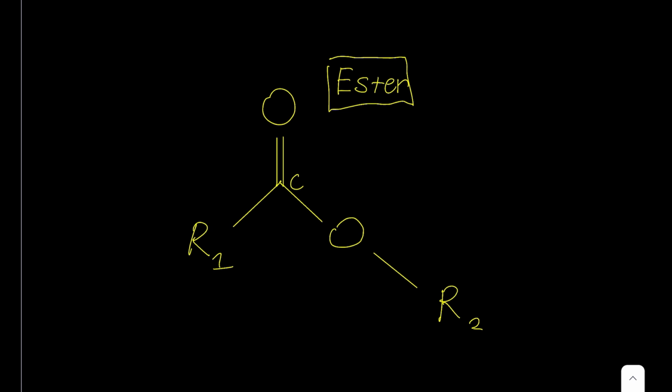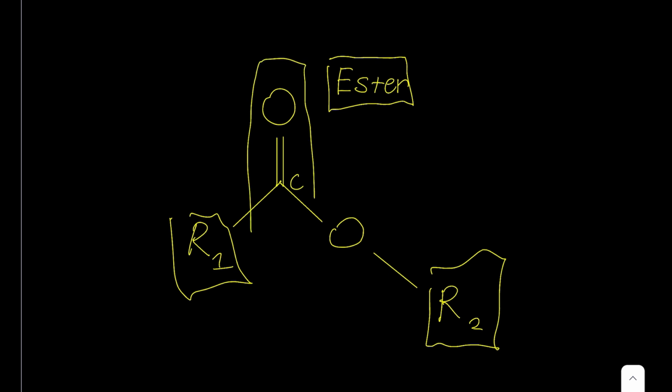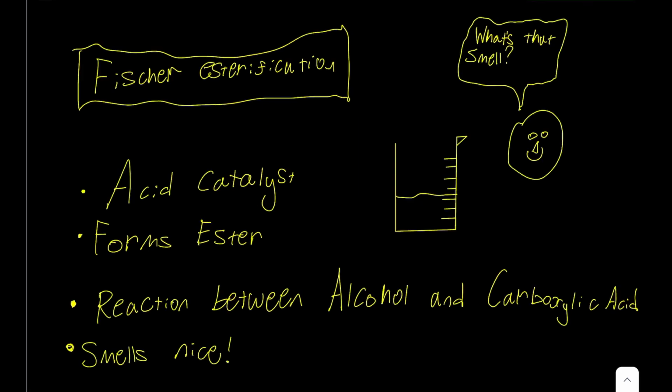As you can see, radical one can mean that any other groups could be in there, and radical two, another group could be in there. You might notice that this carbonyl looks similar to what a carboxylic acid would look like, right? That's because this carbonyl is actually derived from the carboxylic acid.